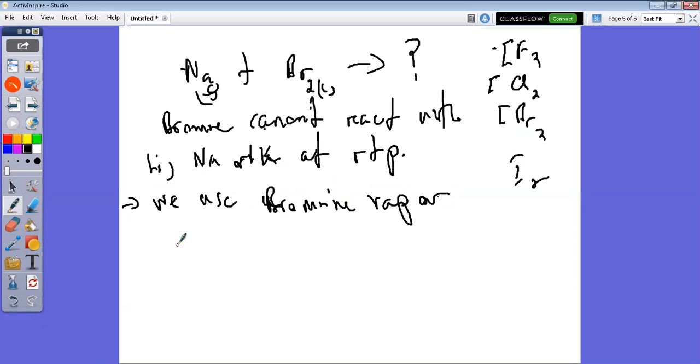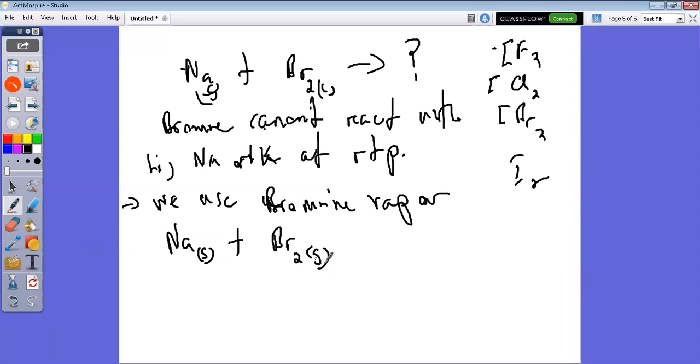So in that reaction, it will be like this: sodium, solid. S stands for solid. Hope you can see my writing there. It's not that nice. Let me try to write so I don't confuse you. It means sodium, solid at room temperature, plus bromine. Now I'm writing a G. If you see this G, it means it's a vapor.